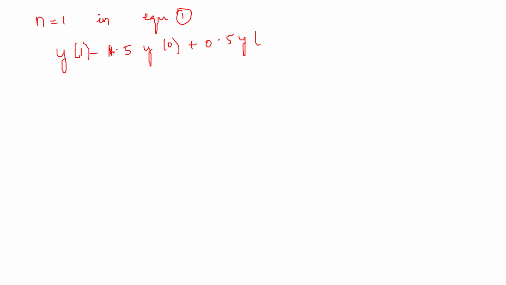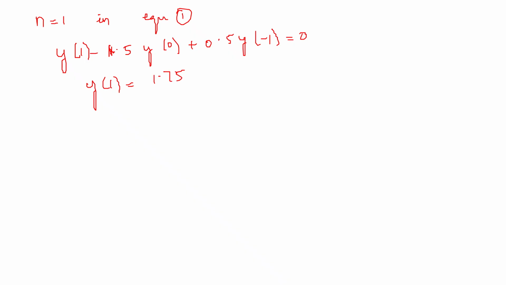Similarly, by substituting n is equal to 1 in equation 1, I will get y of 1 minus 1.5 y of 0 plus 0.5 y of minus 1 is equal to 0. If I substitute the y of 0 and y of minus 1 values, which I already know, I will get y of 1 is equal to 1.75.